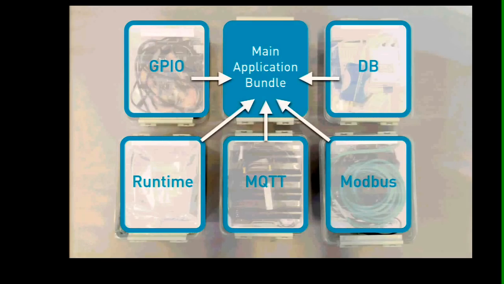The runtime is very important because that's the source of events, as we will see later. A communication protocol like MQTT or a field bus protocol like Modbus for communicating with hardware, and maybe a database, right? So these are typical bundles that you would use in your main application bundle.